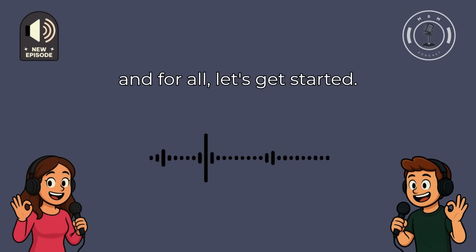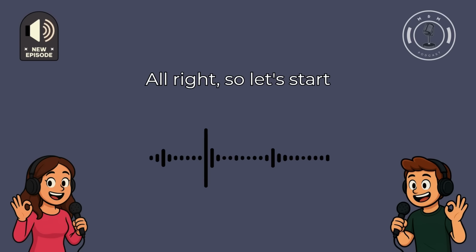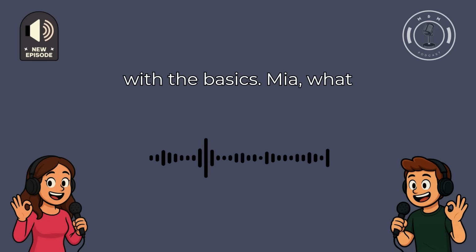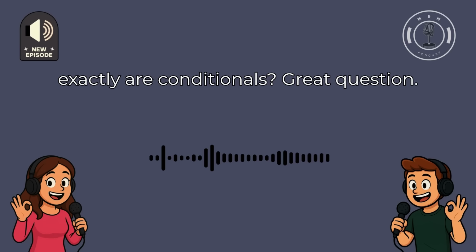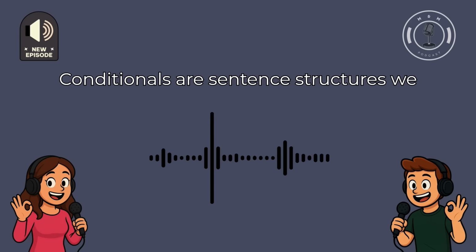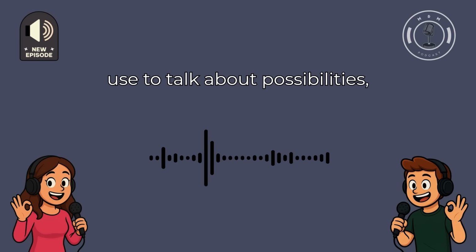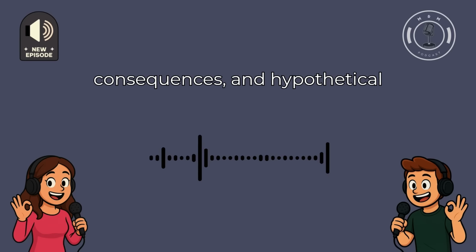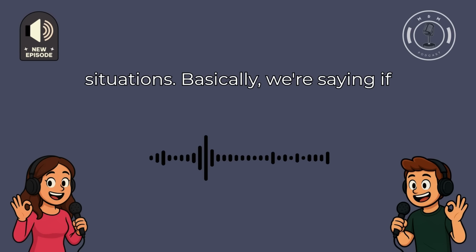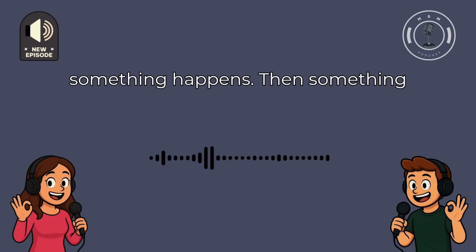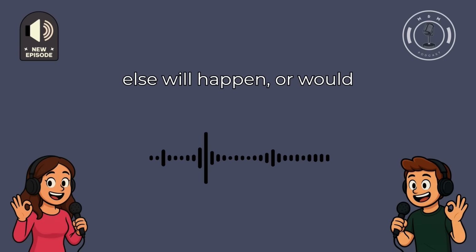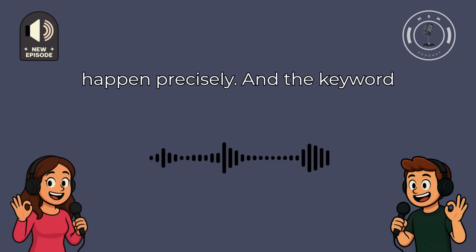Let's get started. All right, so let's start with the basics. Mia, what exactly are conditionals? Great question. Conditionals are sentence structures we use to talk about possibilities, consequences, and hypothetical situations. Basically, we're saying, if something happens, then something else will happen or would happen.